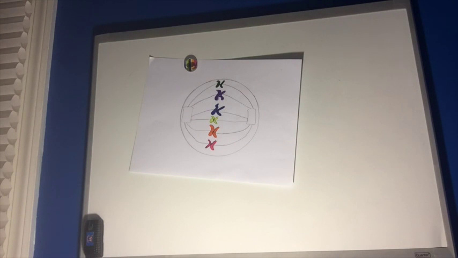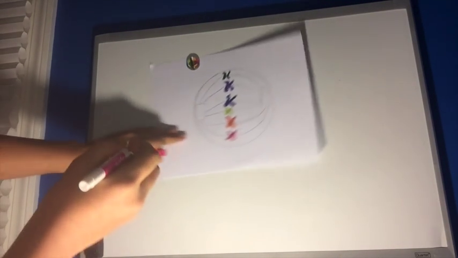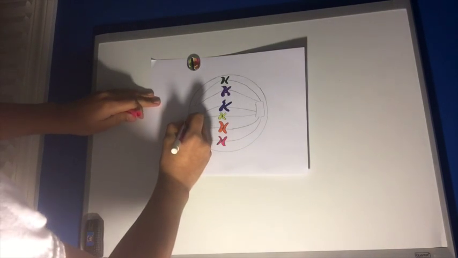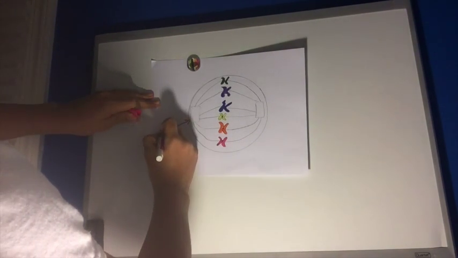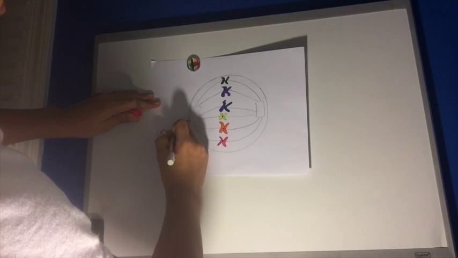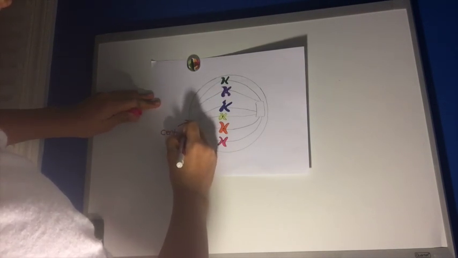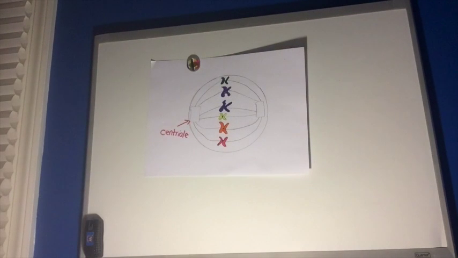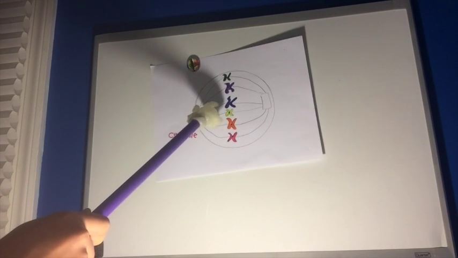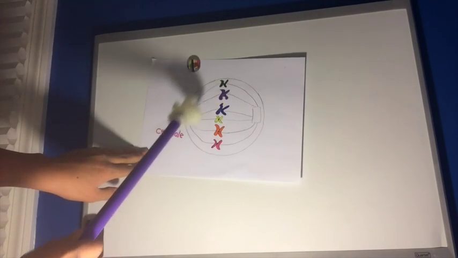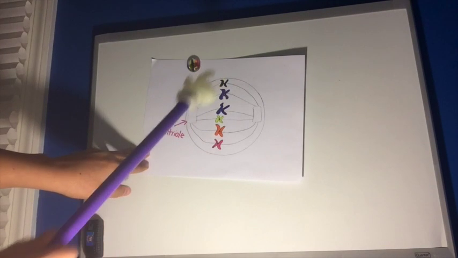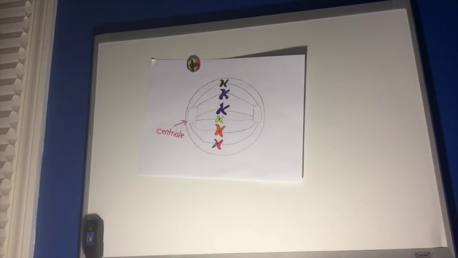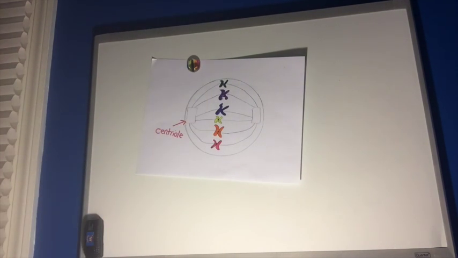Here, I'll mark it for you guys. That's the centriole. These lines that the centriole attaches to the chromosomes are called spindle fibers. And then these are just the normal chromosomes. Next one.